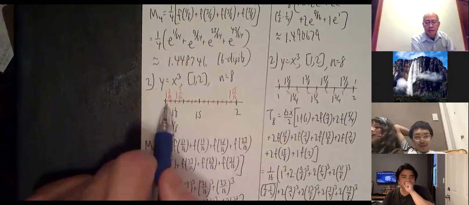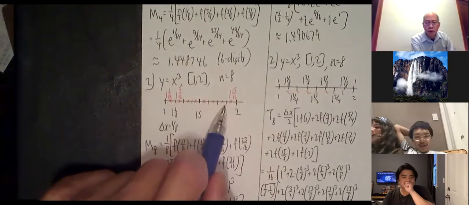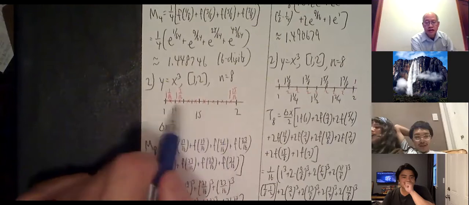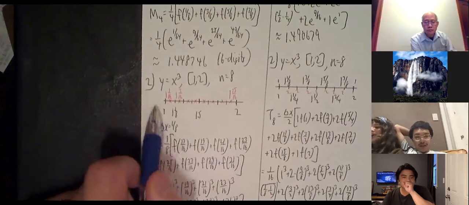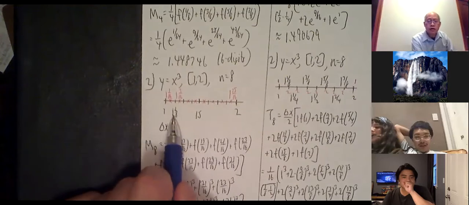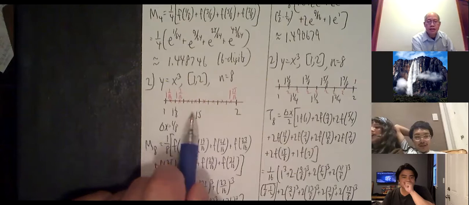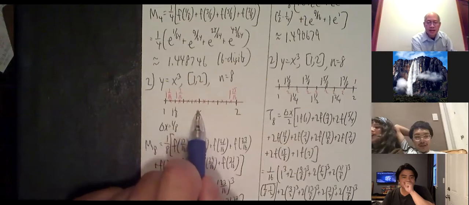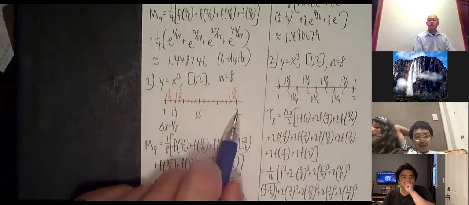Now to get the 8 midpoints, it's a little bit tough, but think of all of these as 16ths. In other words, think of this as 1 and 2/16, 1 and 4/16, 6/16, 8/16, 10, 12, 14, 16. Then you can tell right away what the midpoints are.